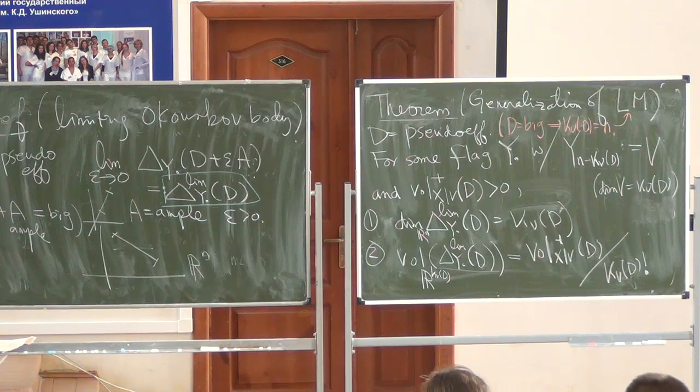I already defined what volume is. So first we need to define this restricted volume. For simplicity, let's assume that D is Cartier.